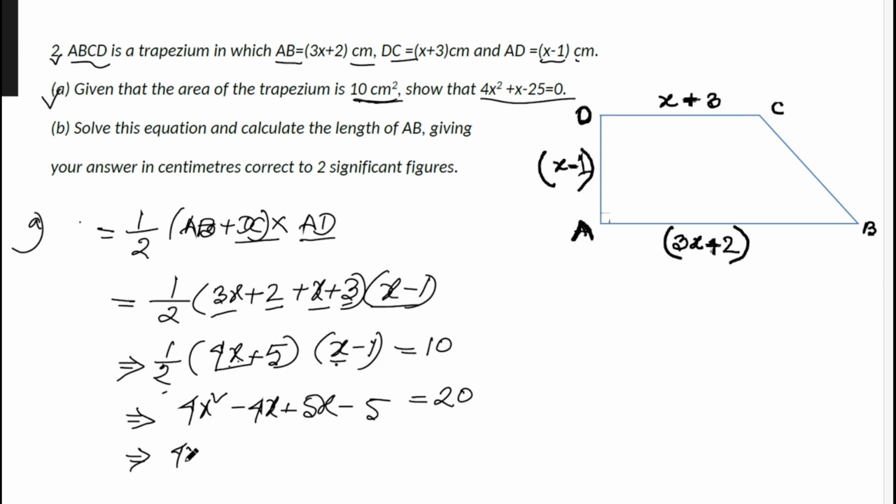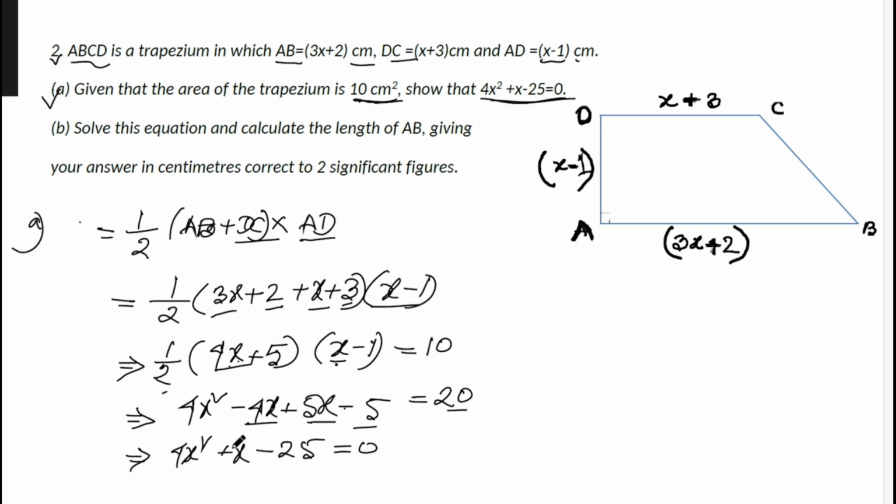Here we have 4x square, here minus 4x plus 5x, it will be plus x. Then we have minus 5, and if we take this 20 to that side, it will be minus. Then minus 5 and minus 20, it will be minus 25 is equal to 0. And this is what question A asks to do.